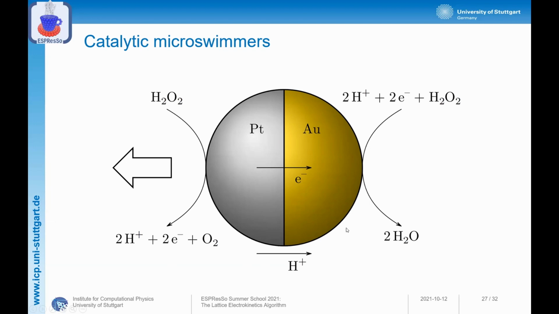So we have basically a higher density of hydrogen ions here, and a low density of hydrogen ions here, and therefore we have a resulting electric field. Inside of the catalyst, we have the electrons, which basically give a charge, and then we have a charge in the ion electric field. Then we get a force acting on the charge of the particle, which propels the particle forward.